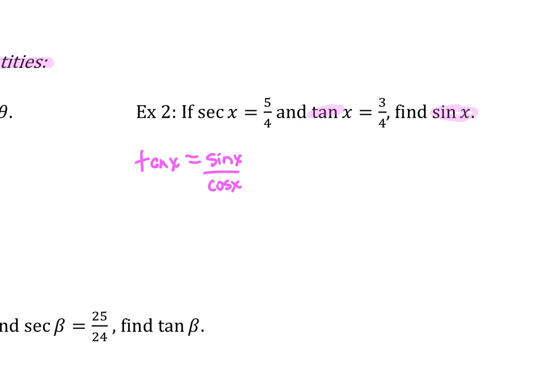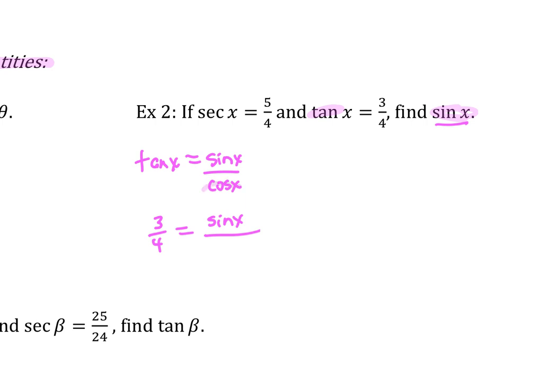So we're going to plug in what we know, because we're given information up here. We're told what the tangent of x is equal to. So it would be 3/4 equals, we're supposed to figure out what the sine of x is equal to, over, we need to figure out what the cosine of x is equal to.